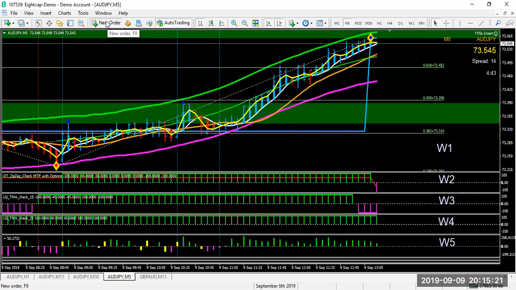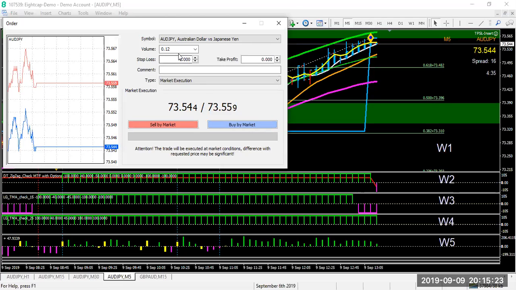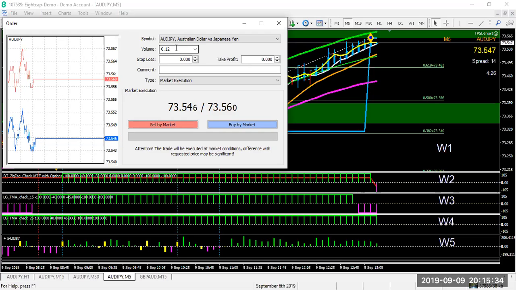To close a part, say you've got a trade that's got 0.1 lots and you want to close it. When you go to close it, instead of pressing close, you go up here and put 0.06 and then click close.